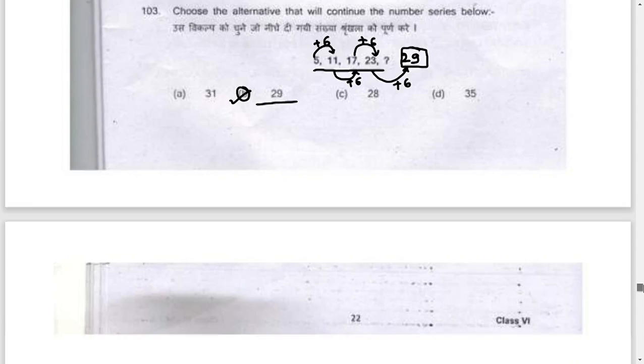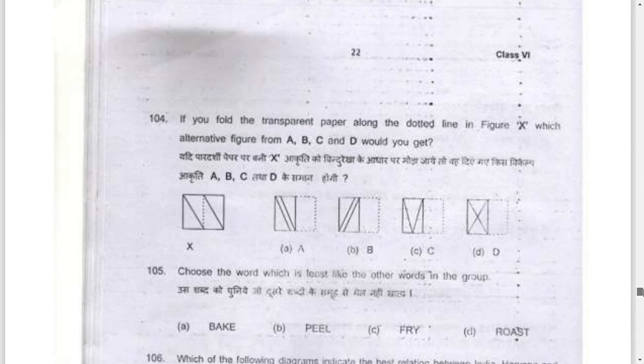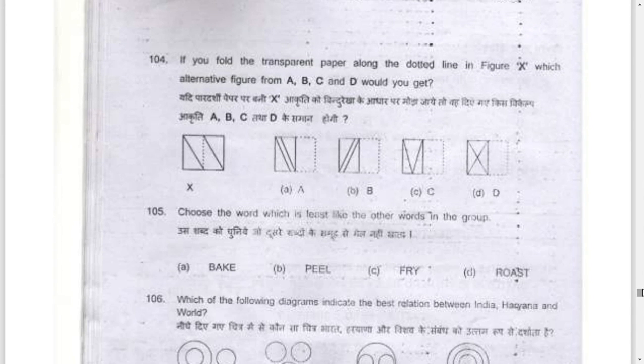Go to the next question, that is 104. If you fold the transparent paper along the dotted line in figure X, which alternative figure from A, B, C and D would you get? So they have given one figure here, X. They are making you fold this paper.